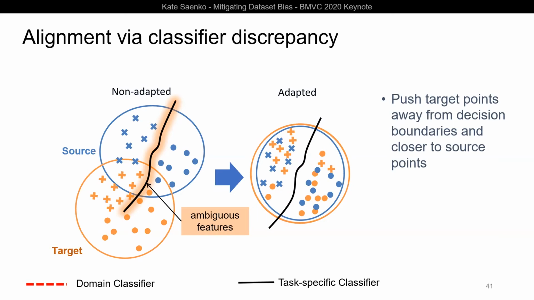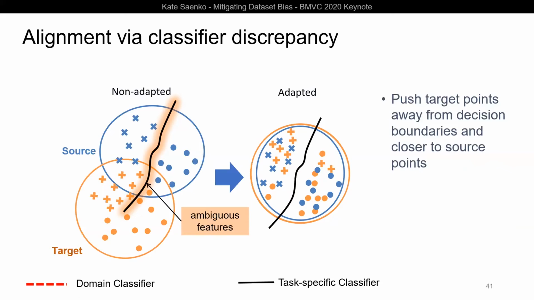So essentially, we're going to try to push the target points away from our decision boundary and closer to source points. And the result is that in the aligned distributions, we will have more discriminative features and fewer features in this uncertain region close to the task-specific decision boundary.